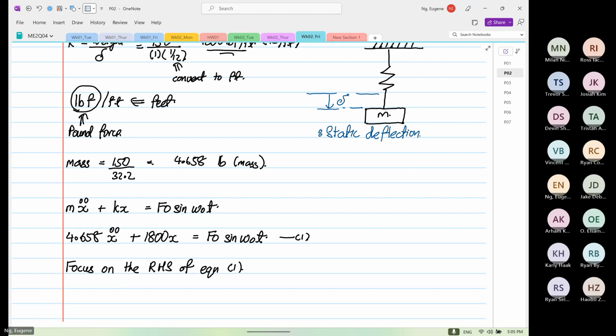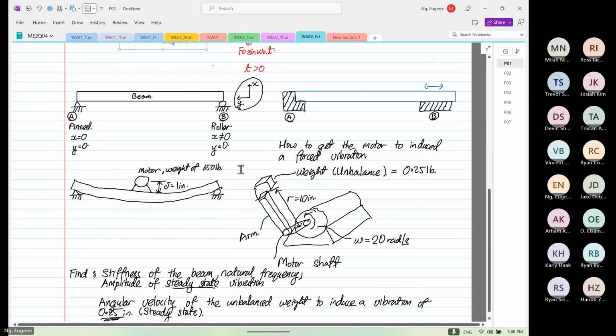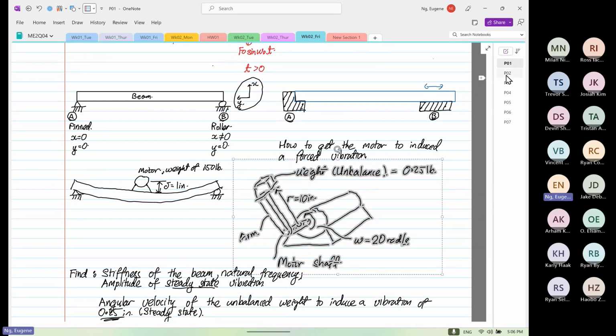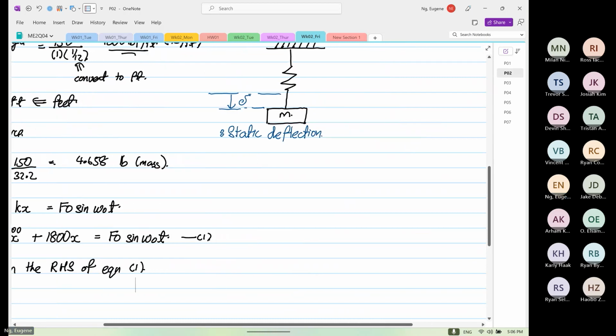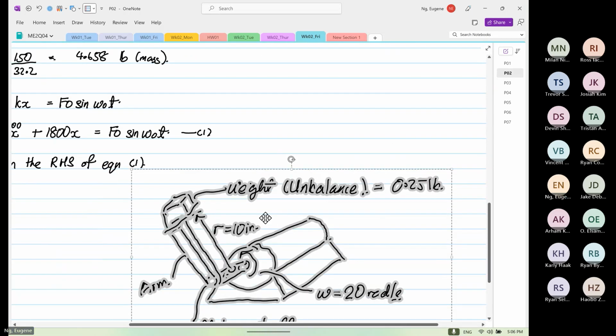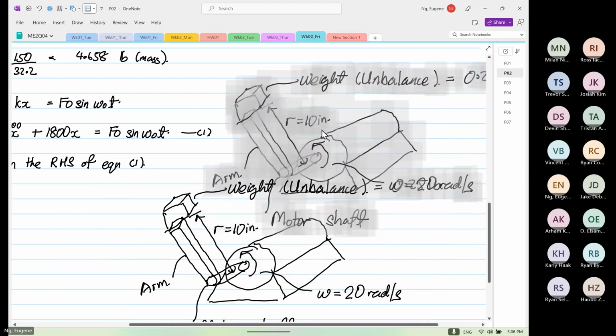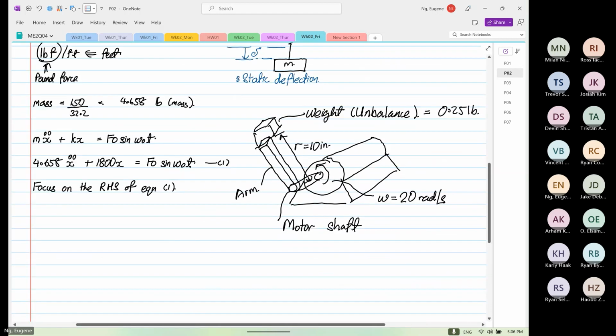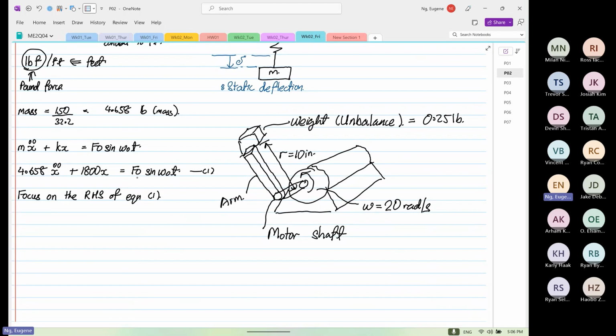Now, this F naught sine omega naught t is due to this. The F naught sine omega t is due to this.